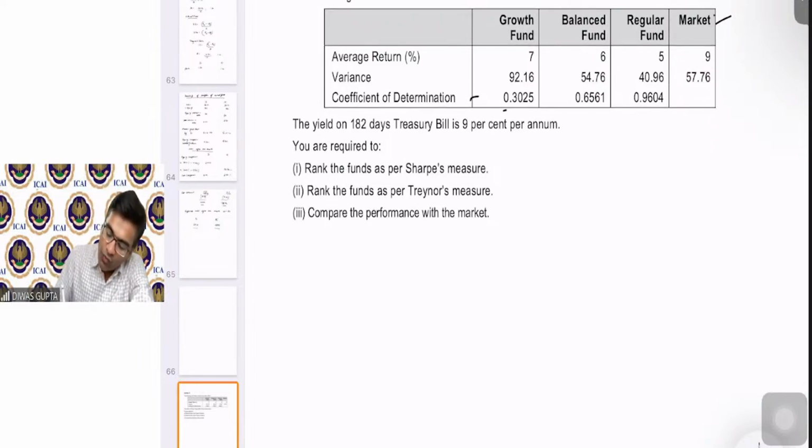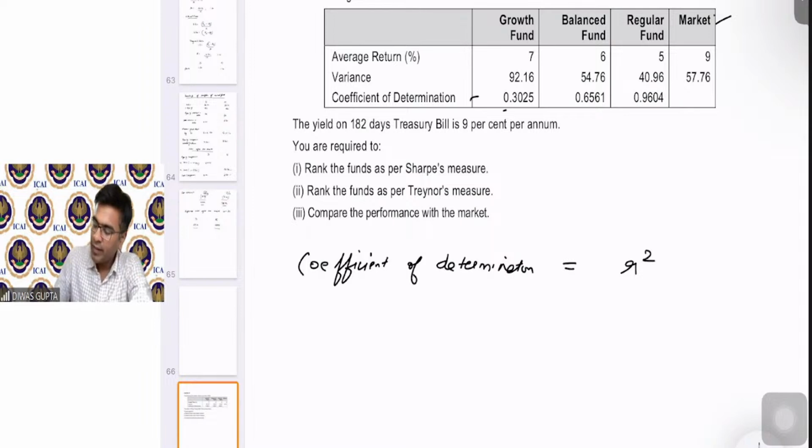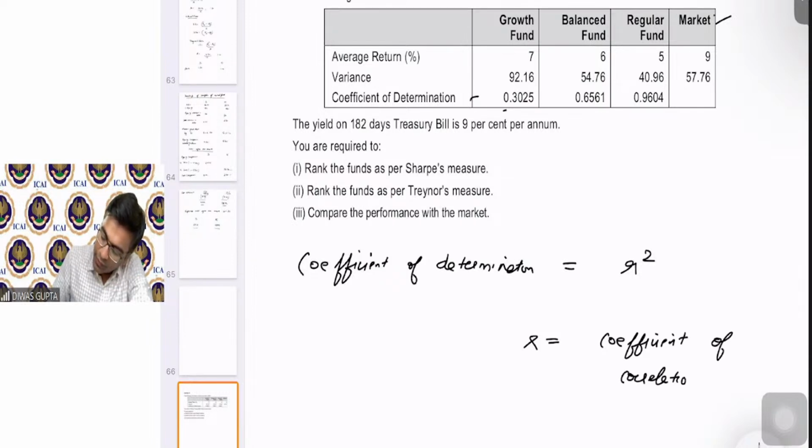So students, this coefficient of determination is equal to R square. R we have studied, right? R is coefficient of correlation. Correct, students?